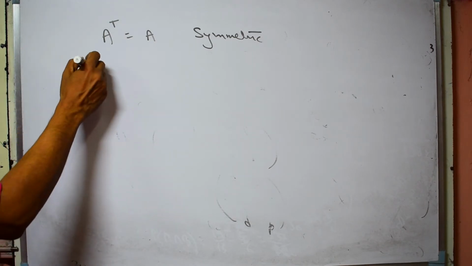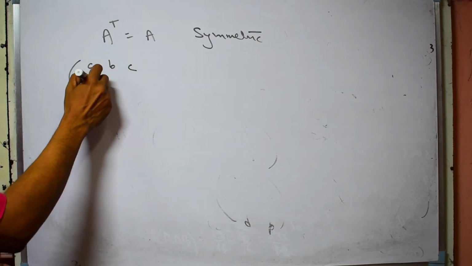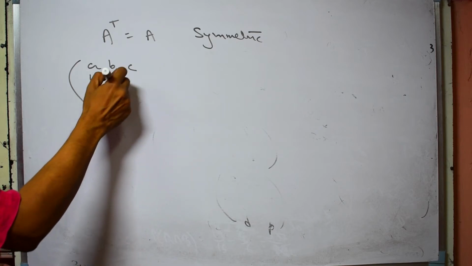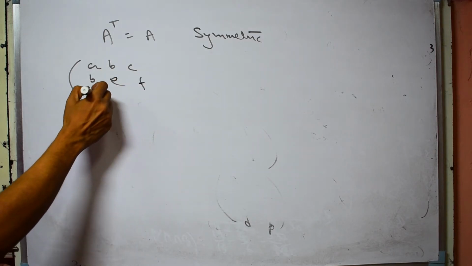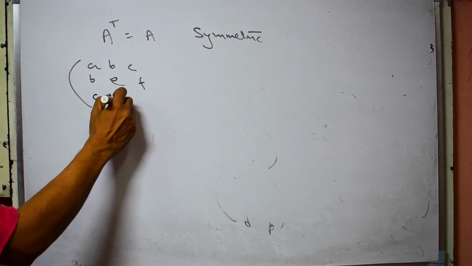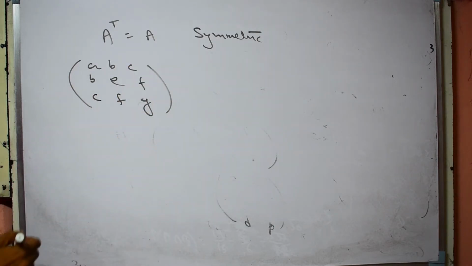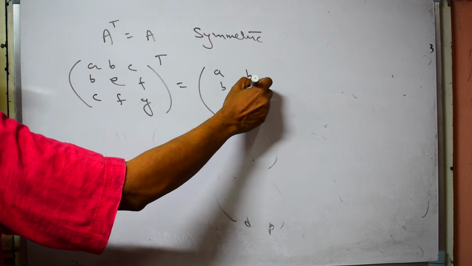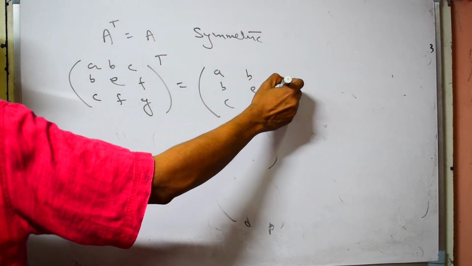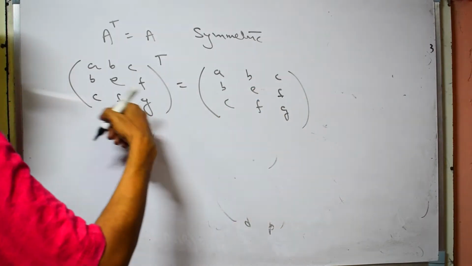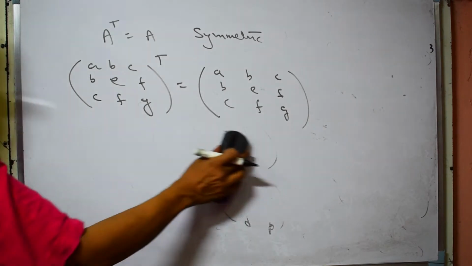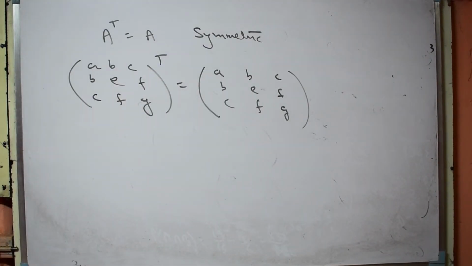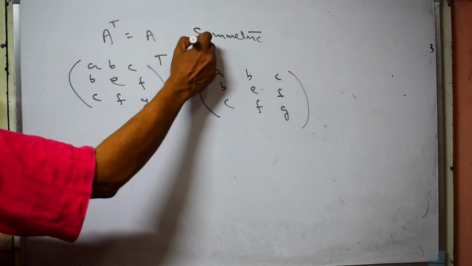Like we can have an example: A, B, C, B, E, F, C, F, G. This matrix, if I transpose this matrix, then we will find no change. We will not find any change in the matrix because the situation is such diagonally. If I change the rows and columns, no change. So this is a symmetric matrix.